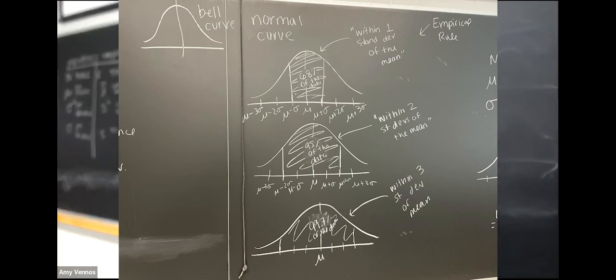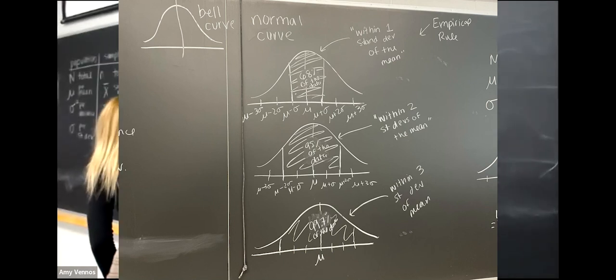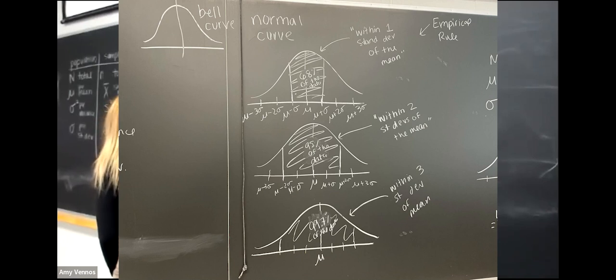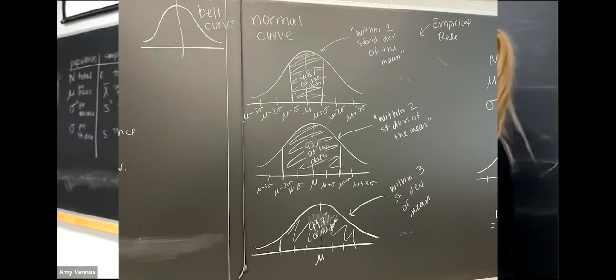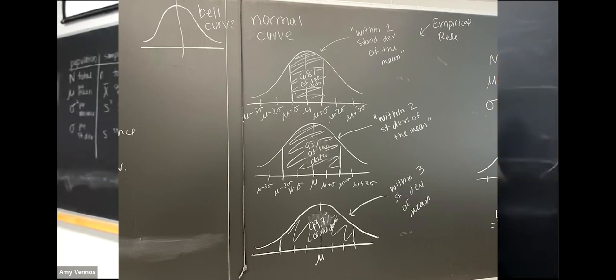Okay, and statisticians have figured out that this is 99.7% of the data. So almost all of the data goes between 3 standard deviations below and 3 standard deviations above the mean, okay?